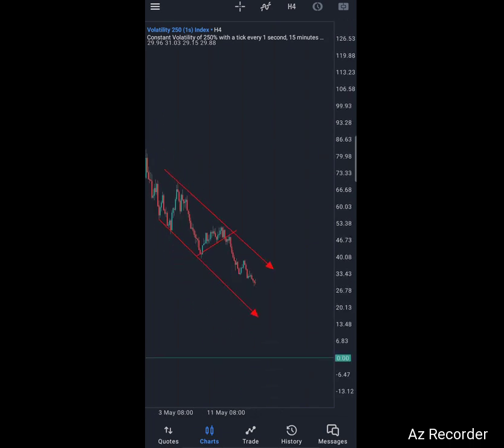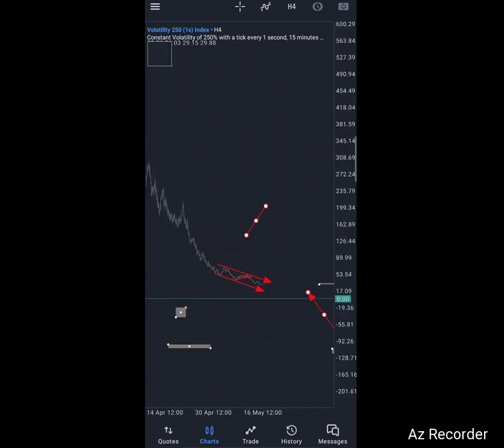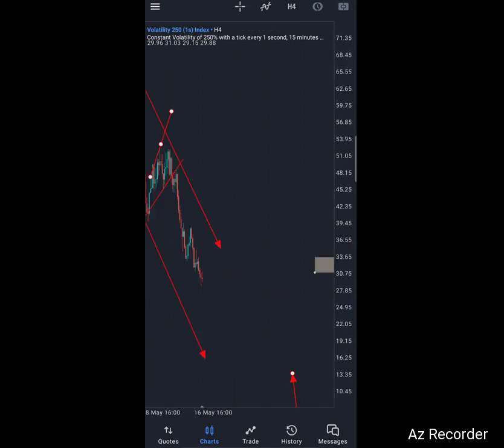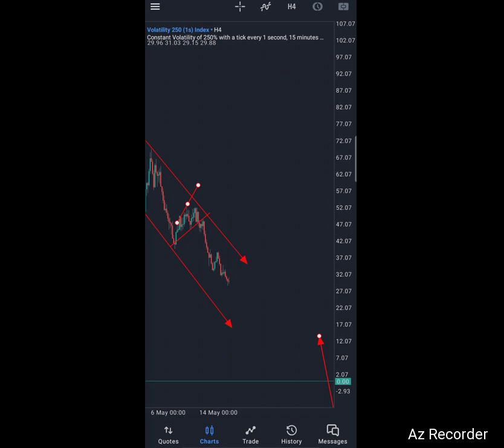Then again, I took that arrow, that trend line, to join the upper wicks. Like that. Then I had a bearish flag here.